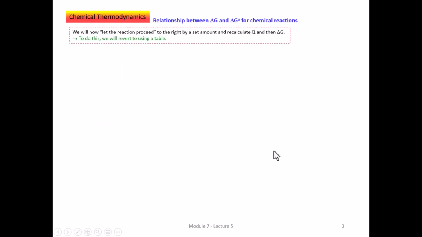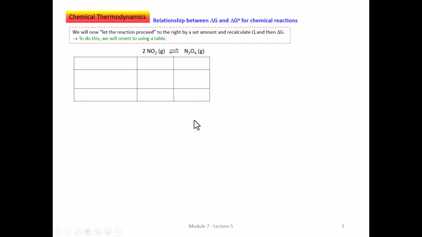So what I have here is a table. I've got the equilibrium written above the table here. And under standard conditions, of course, we have 1 atmosphere of NO2, 1 atmosphere of N2O4. Now let's just assume that the reaction goes to the right to reach equilibrium.